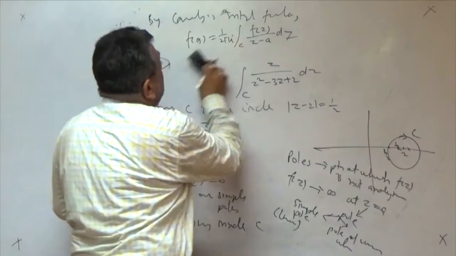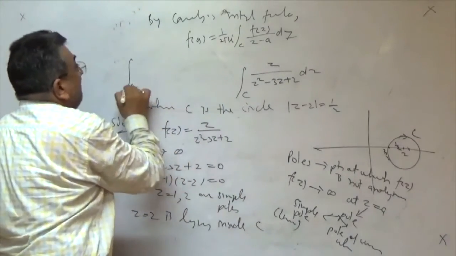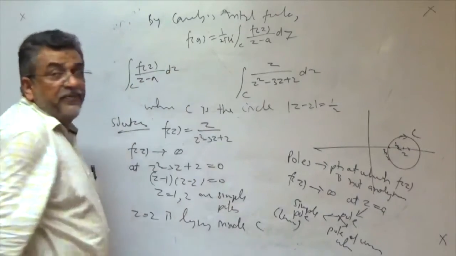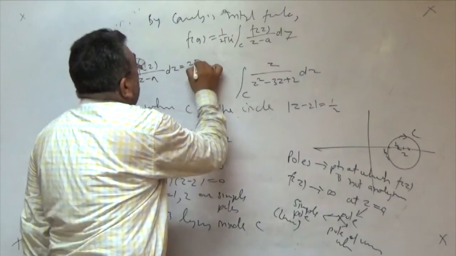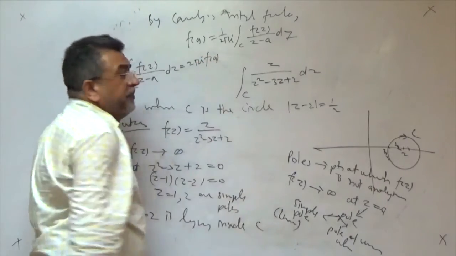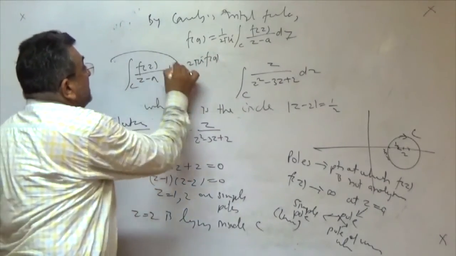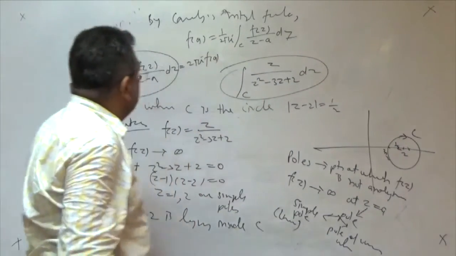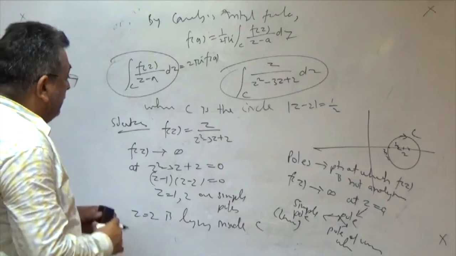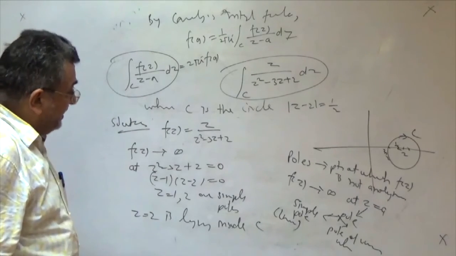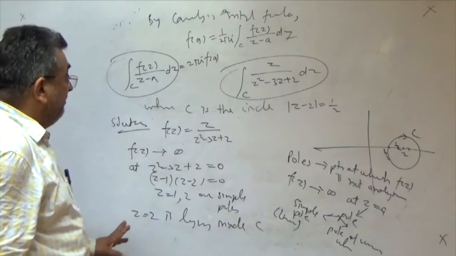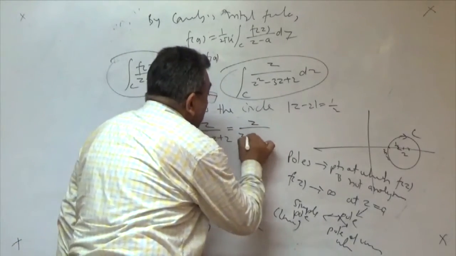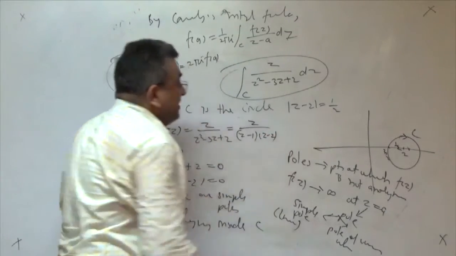If you simplify this, because we have to find the value of the integral, from here the integral value is 2πi into f(a). If you compare this with the given integral, and f(z) must be analytic, then we take the factors z minus 1 and z minus 2 after factorization.